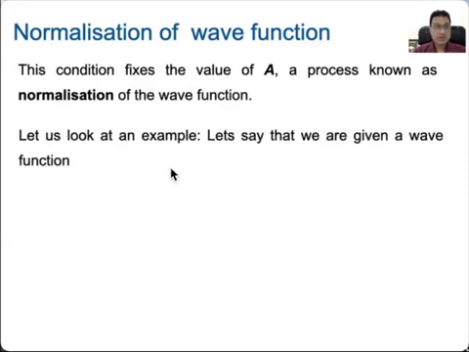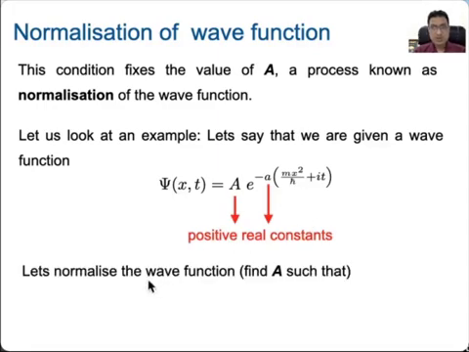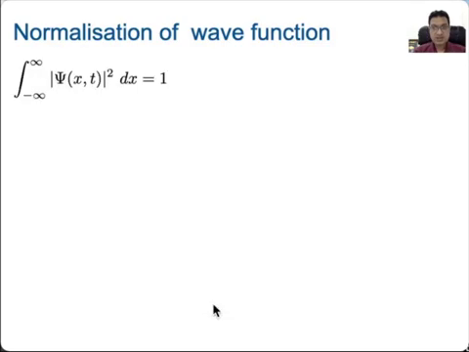So let's look at an example. Let's say this is my wave function, given with some constant A, where A is some positive real quantity. Let's check what the value of A is such that this wave function is normalizable. This wave function must satisfy this quantity.